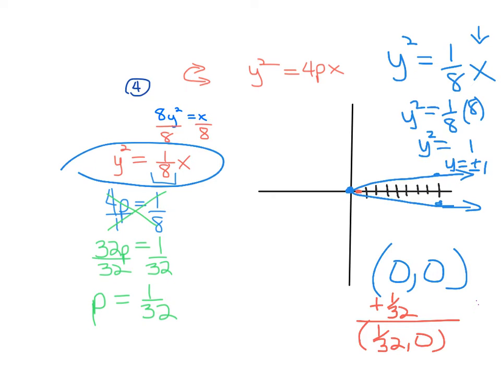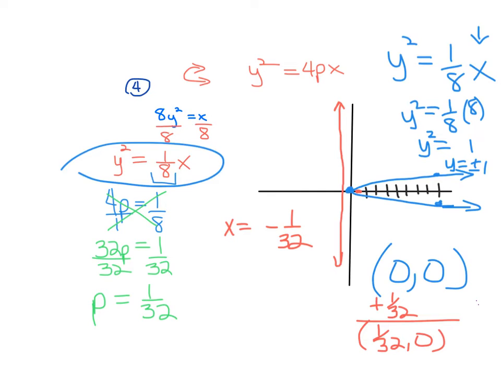My directrix on the other side, back side of the parabola. Again, it's opposite of p. So this is going to be x equals -1/32. That is another example of the vertex at (0, 0).